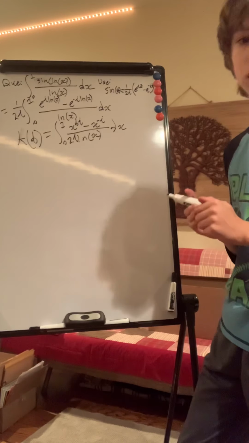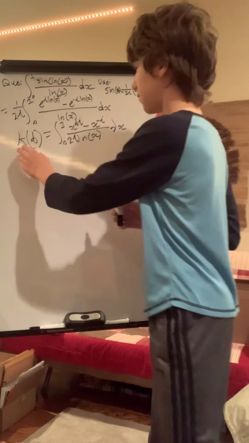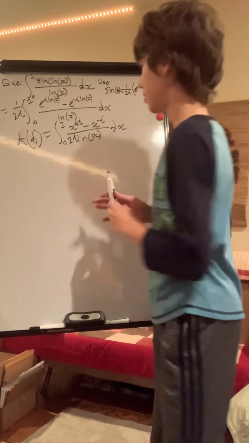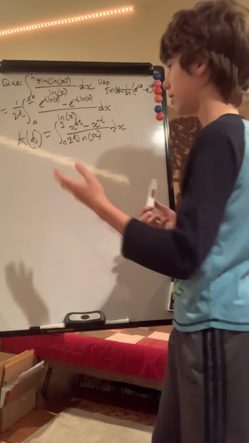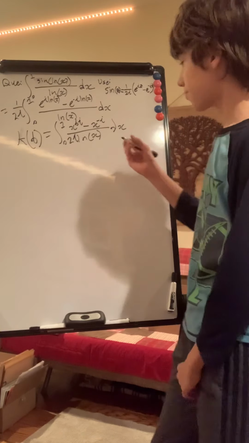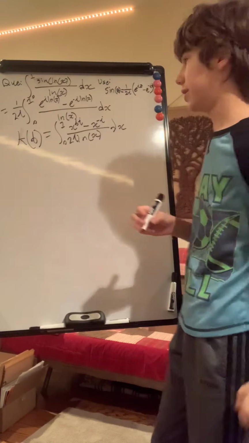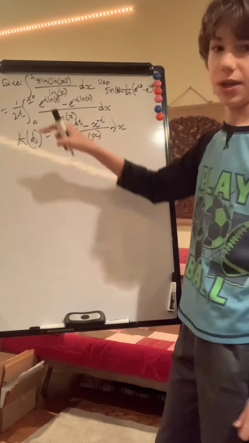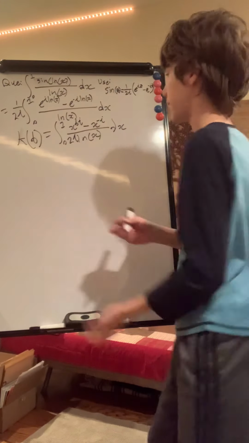Essentially the goal is, if we take the derivative of this, we'll get some kind of easy thing, such that if we integrate it, we get our original k of b back as an antiderivative, right?